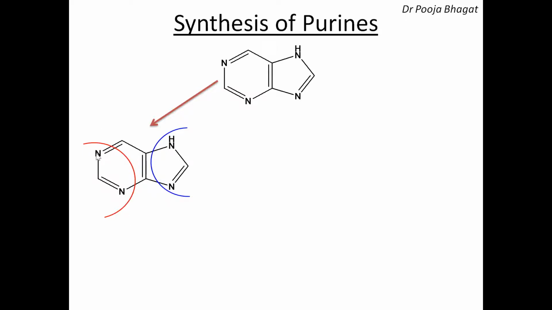Now I think you can recollect that a compound which contains nitrogen, carbon and nitrogen is urea. So urea or its derivative can form this part. Similarly, this part can be formed by urea and its derivatives.